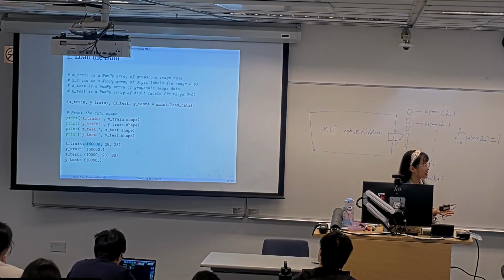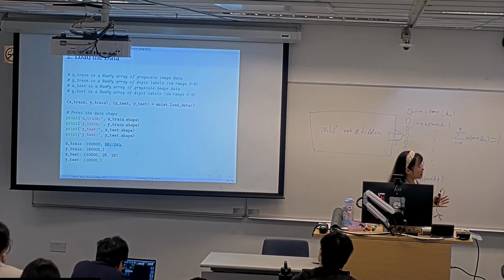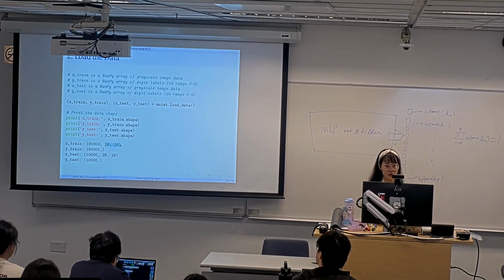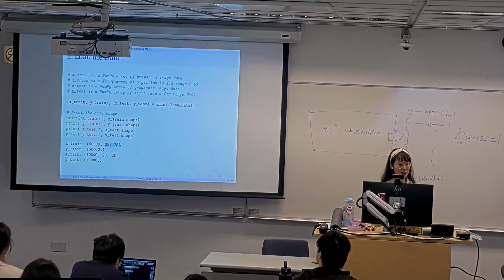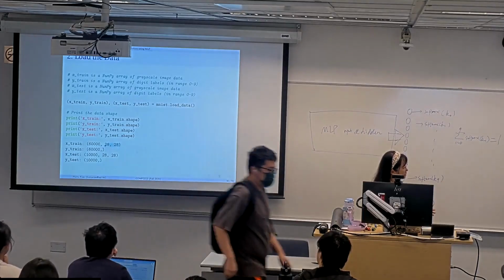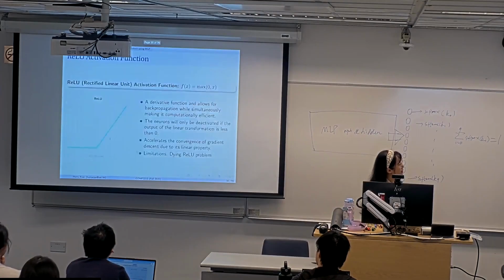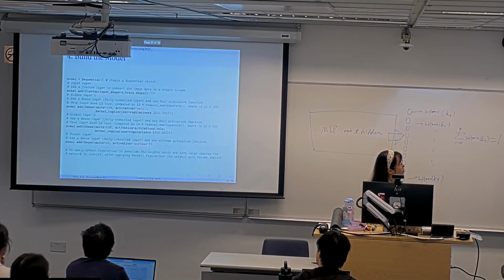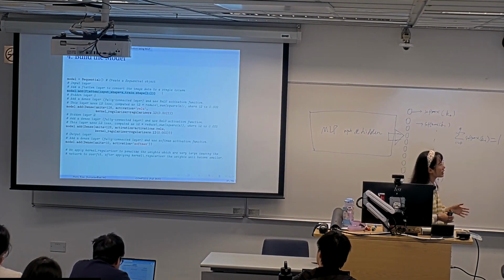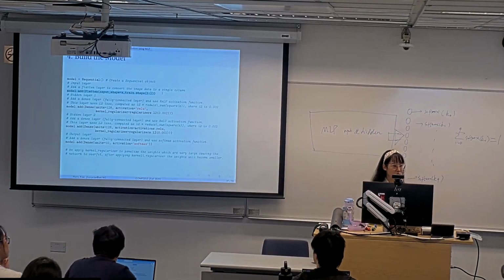What we want to flatten is a 28 by 28 array into a 1D array. So that's why we start from x_train.shape 1, from this dimension 28, and then we give it to the flatten layer. After we add this, this flatten layer will know that, okay, you give me an input shape of 28 by 28.